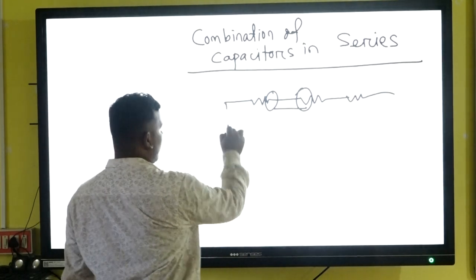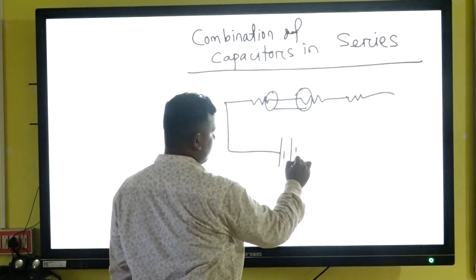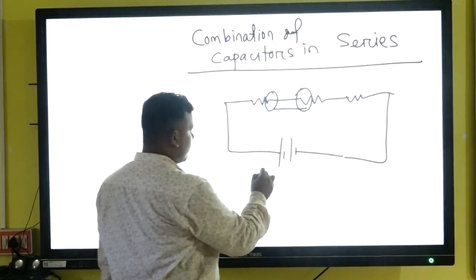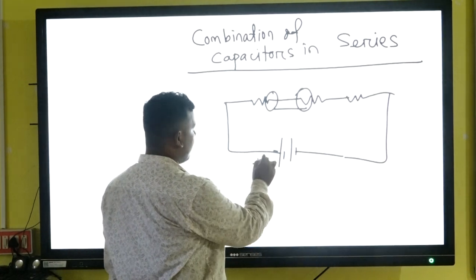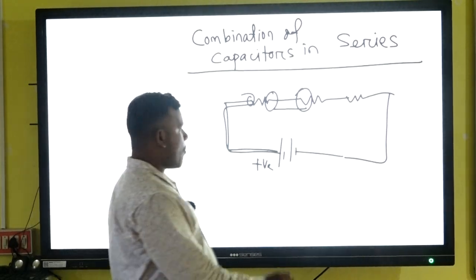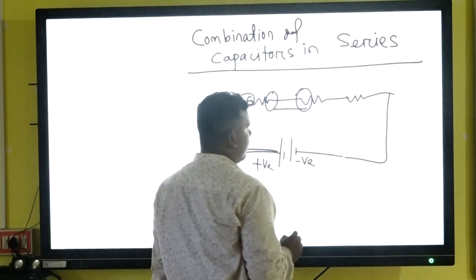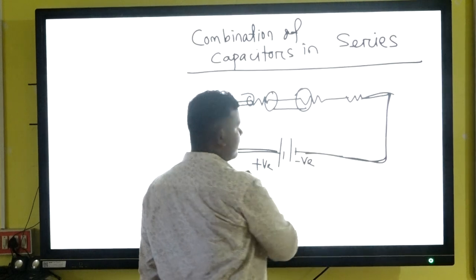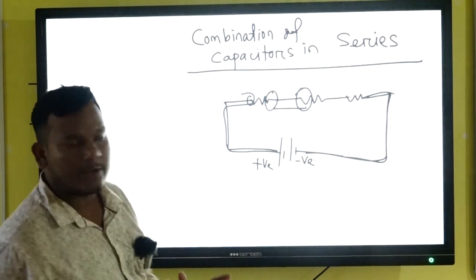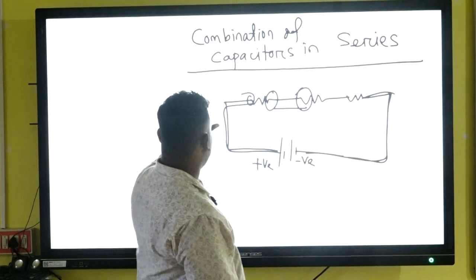If I connect a battery here, with the positive terminal of the battery only the first resistor is connected, and with the negative terminal of the battery only the last resistor is connected. Okay, like this, we now have capacitors.